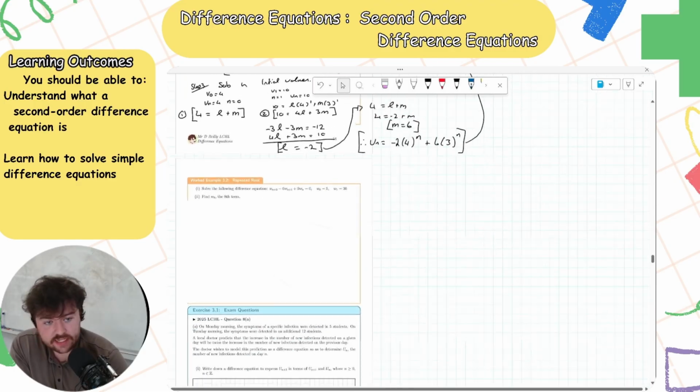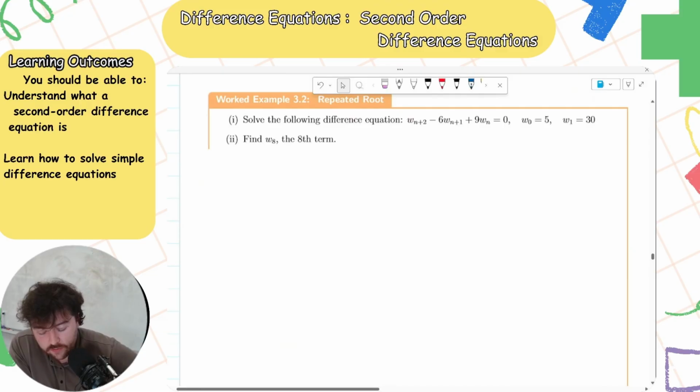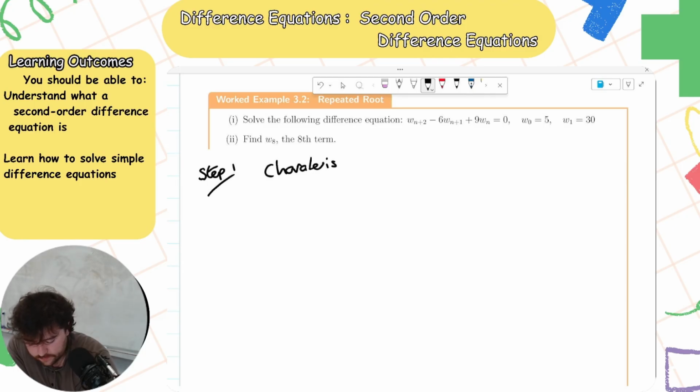Let's look at another example here. Solve the difference equation, w(n+2) minus 6w(n+1) plus 9wn equals 0, where w0 equals 5 and w1 is equal to 30. So my characteristic equation is going to be x squared minus 6x plus 9 equals 0.